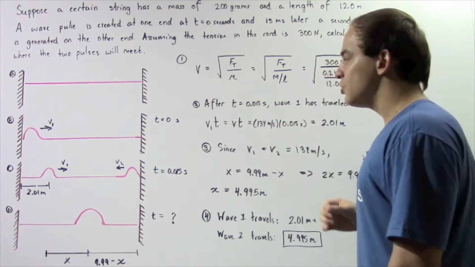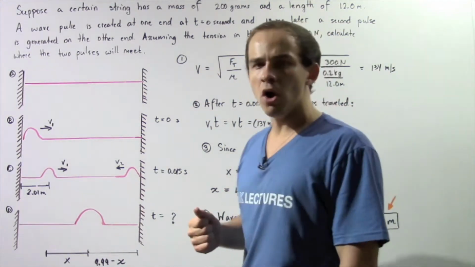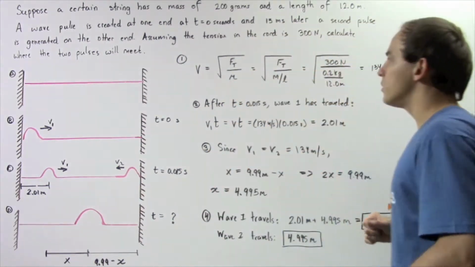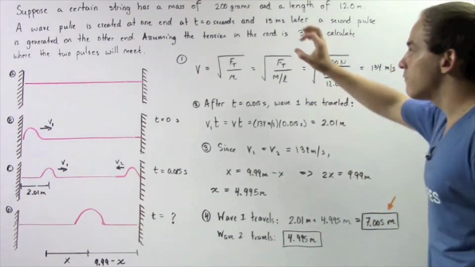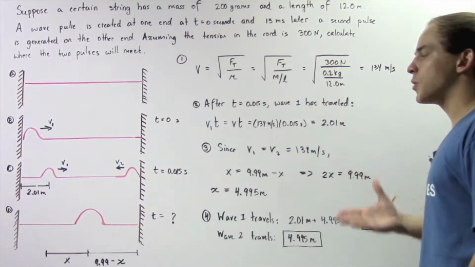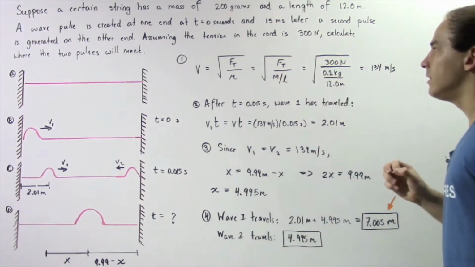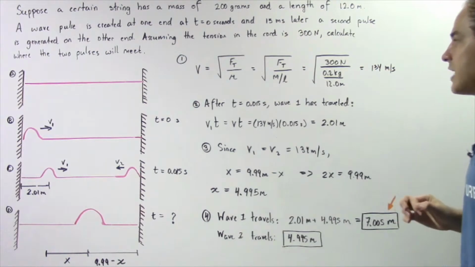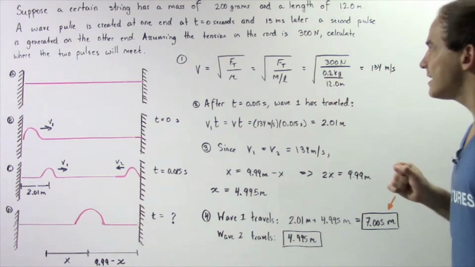Now, how exactly do we calculate the velocity of a mechanical wave inside a cord? Well, we have to use the following equation. The velocity is equal to the square root of the tension in our cord divided by mu, which is the mass per unit length. So our mu is m divided by L. We know what the tension in our cord is. It's given to be 300 newtons. We know what the mass is.